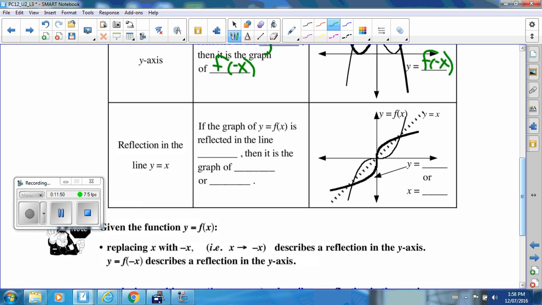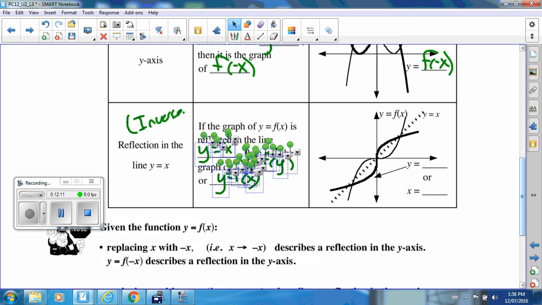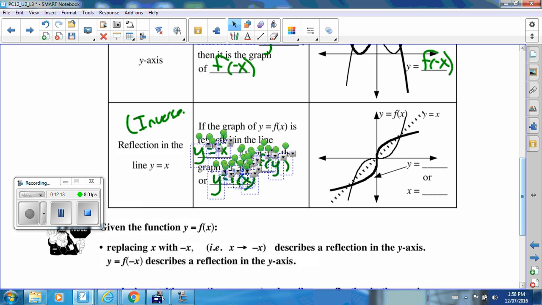This is reflection in this line, or inverse. And the line is y equals x and is the graph of x equals f at y. Or technically, you can even do f inverse of x.